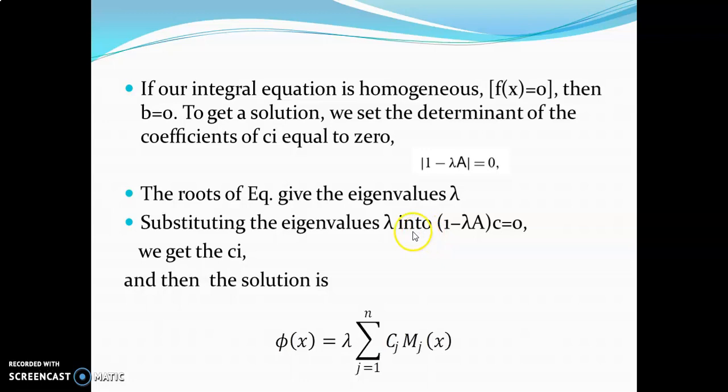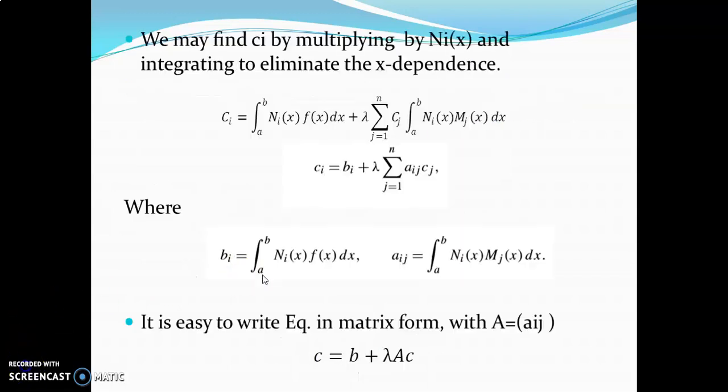Now for a simple equation, if the integral equation is homogeneous, that means f of x is equal to 0. The components of the B matrix are 0. Since f of x is 0 over here, B1, B2, B3, etc. are zeros, and B matrix is a 0 matrix.